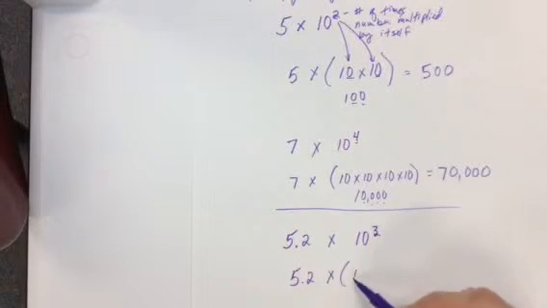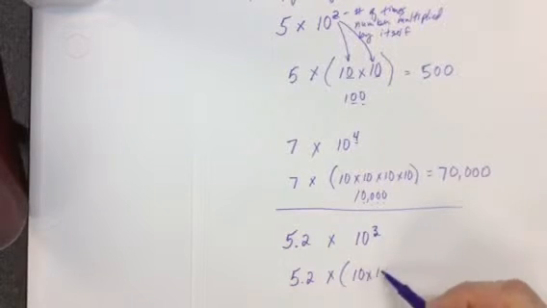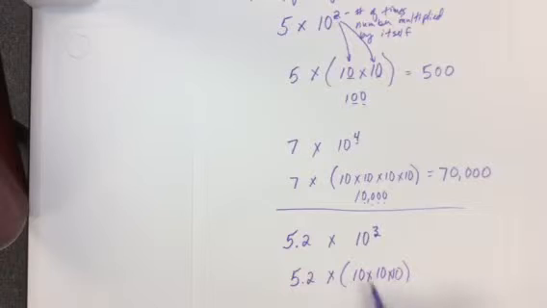That's the number that the exponent gives you. 10 times 10 times 10. So 10 times 10 times 10 is going to be 1,000. And most students will recognize, well, 5 times 1,000 is 5,000.